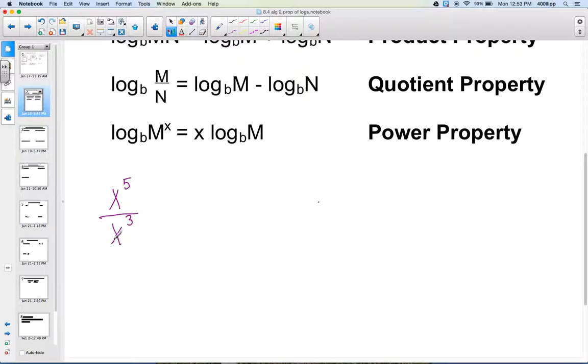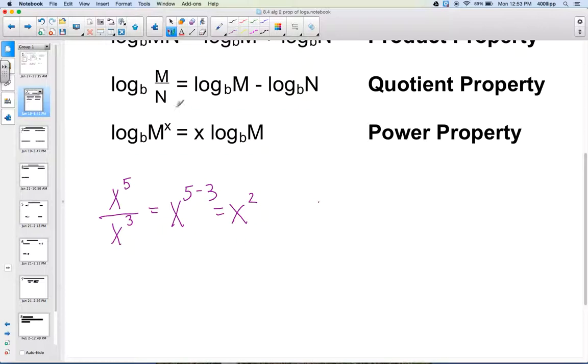Here I have the same base and I'm dividing them, and now we all know that we would subtract the exponents. So we have x to the 5 minus 3 is x squared. So I'm subtracting my exponents here, and that would be the same for the logs. You subtract the logs.